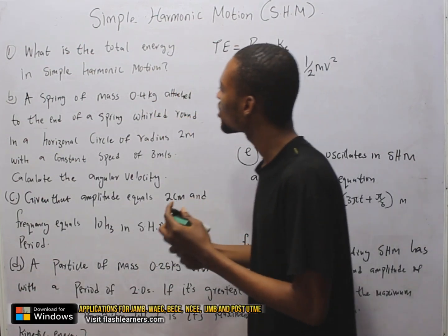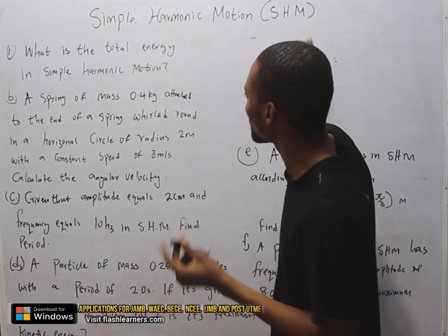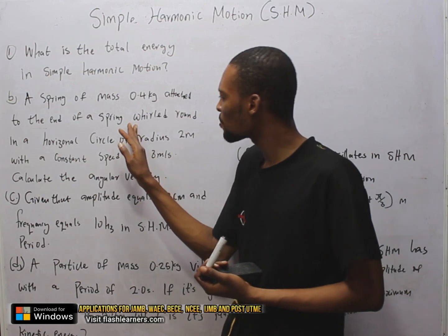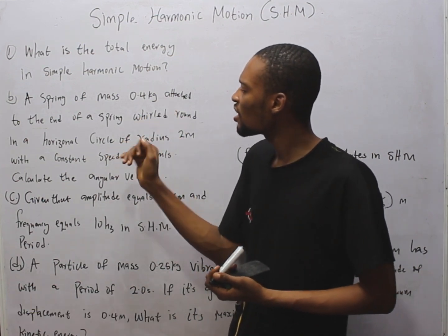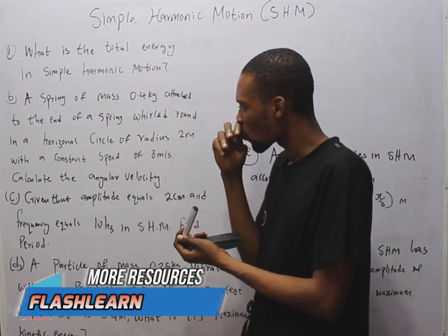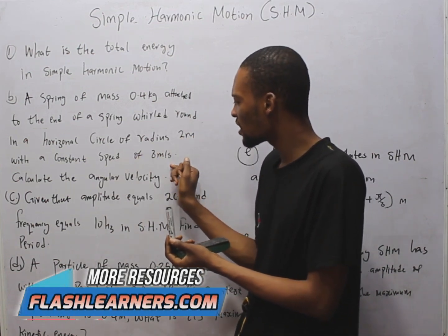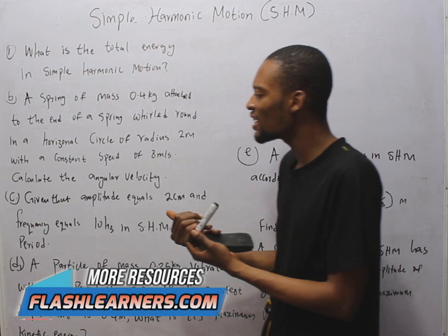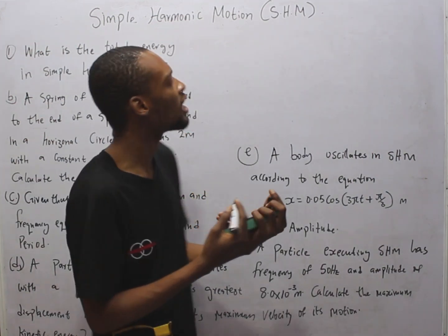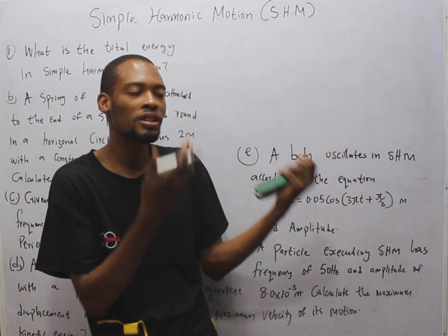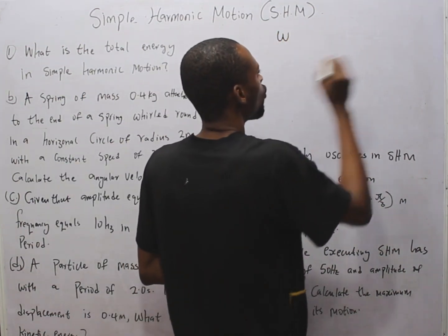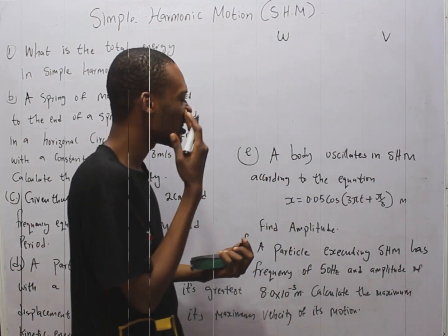Question number 2 says, a spring balance of mass 0.4 kilogram is attached to the end of a spring while whirled round a horizontal circle of radius 2 meters with a constant speed of 8 meters per second. Calculate the angular velocity. Angular velocity in circular motion is given by ω, while v is linear velocity.